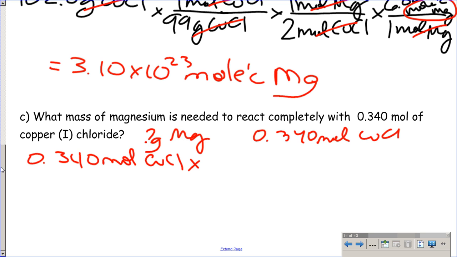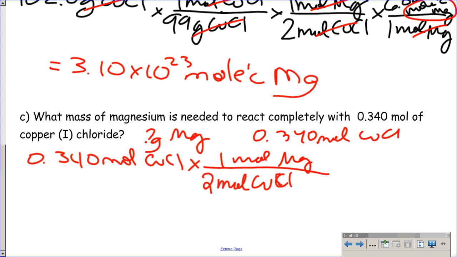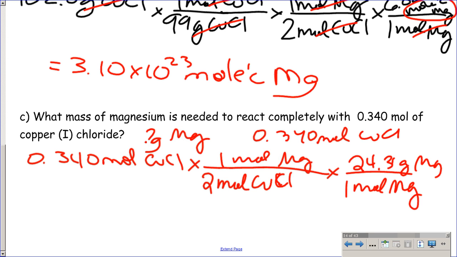Mole ratio, which I know there was a 2 for moles of copper(I) chloride. There was a 1 mole for magnesium. Last step. Loud and proud. Molar mass. 1 mole of magnesium is 24.31 grams of magnesium.